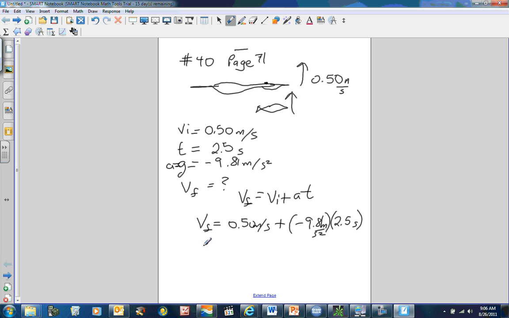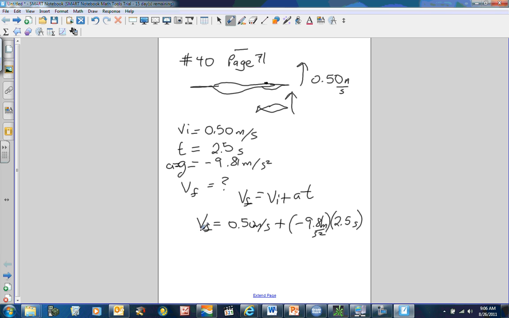So if we go ahead and subtract 0.5 from both sides, right? And no, we're not. What am I doing? I don't have to subtract anything. I just have to add these together. I'm looking for VF. So it's going to be 0.5 minus parentheses, this is what you do in your calculator, 9.81 times 2.5.